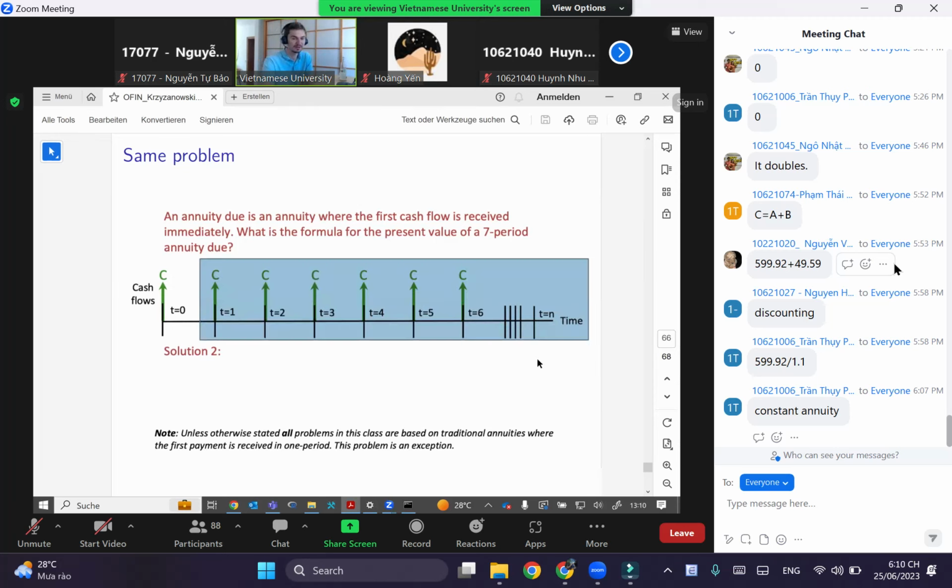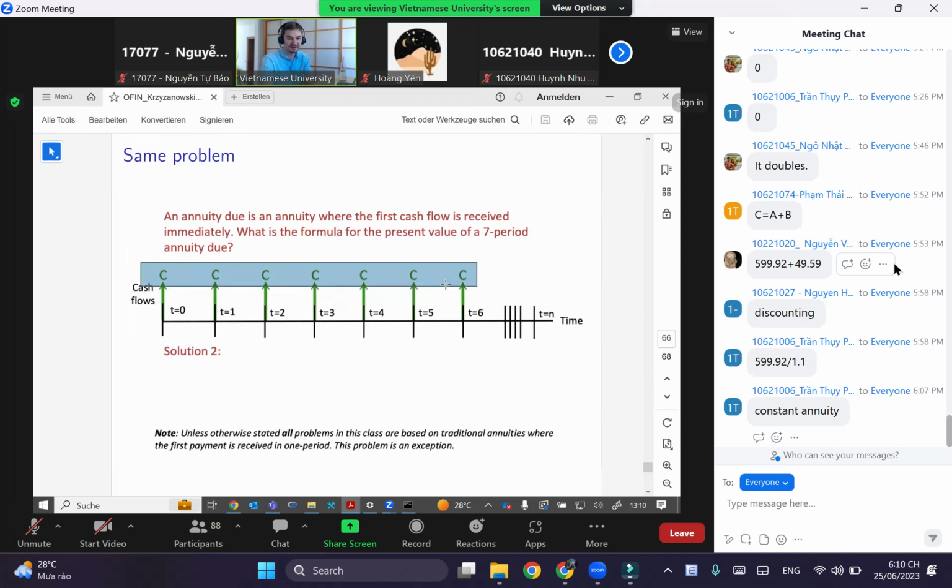Because recall, in the constant annuity case, we had no payment at 0. So we are basically assuming that we have 0 plus all these payments until time n. But given that here we have a first payment, in order to calculate the present value of the total cash flow stream, we have to add C as well.